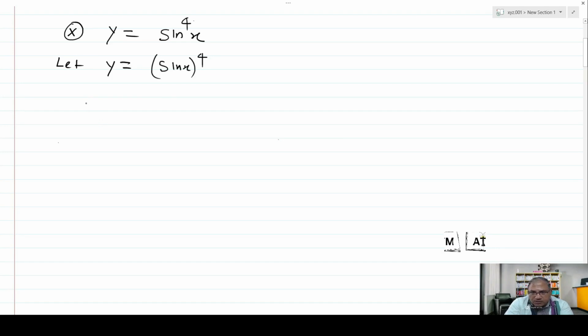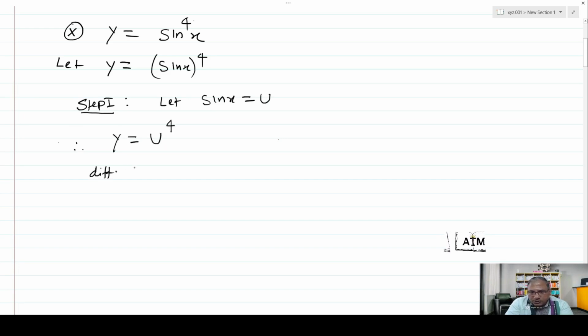Now to apply the chain rule, step 1, what is there inside the bracket? Sin x. Therefore let sin x equal u. Therefore the problem becomes y equals u raised to 4.